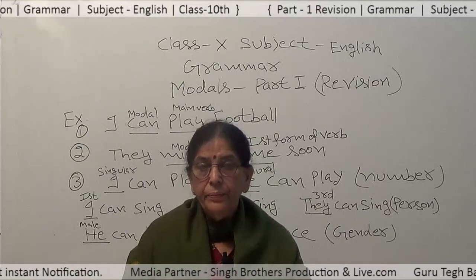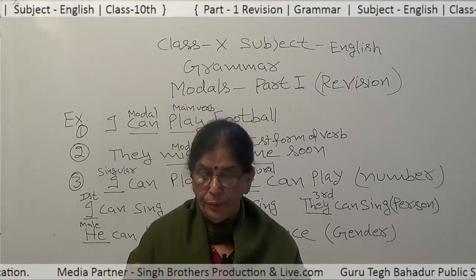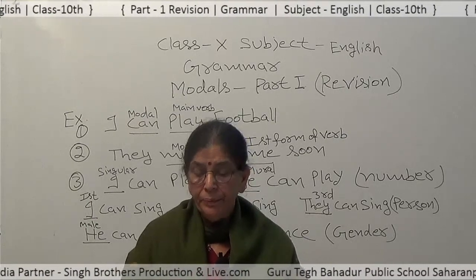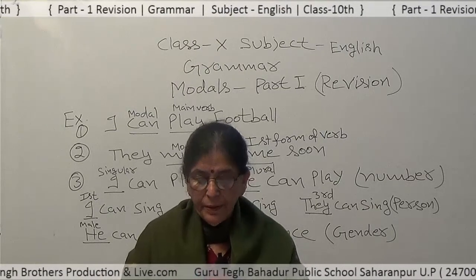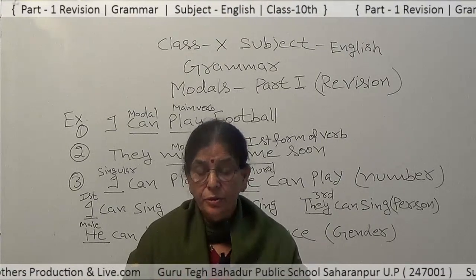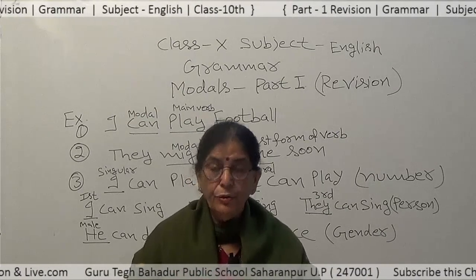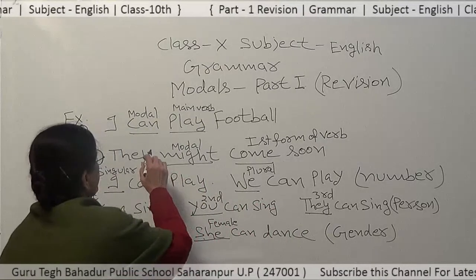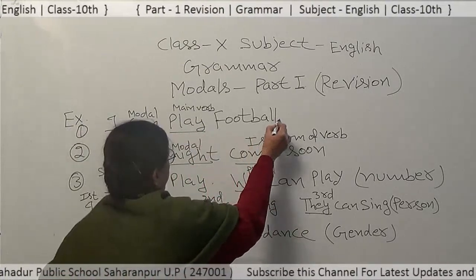Number 1, a modal verb is never used alone. They come before the main verb. It must have a principal verb with it. So, keep in mind, a modal verb is never used alone. For example, I have written here, I can play football.